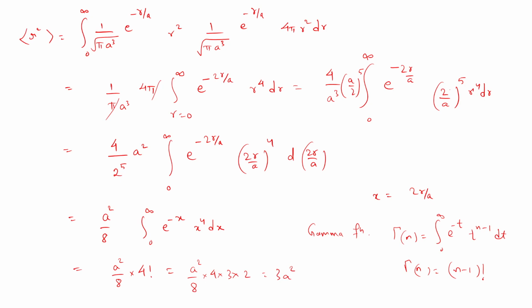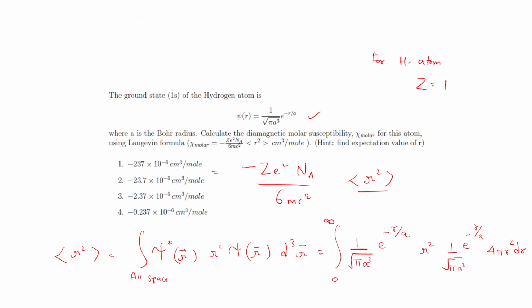So we got r square equal to 3a square. Now we simply have to put everything in this formula. We got that this r square is nothing but 3a square. A is nothing but your Bohr radius. Okay, and Bohr radius is there in your previous value.